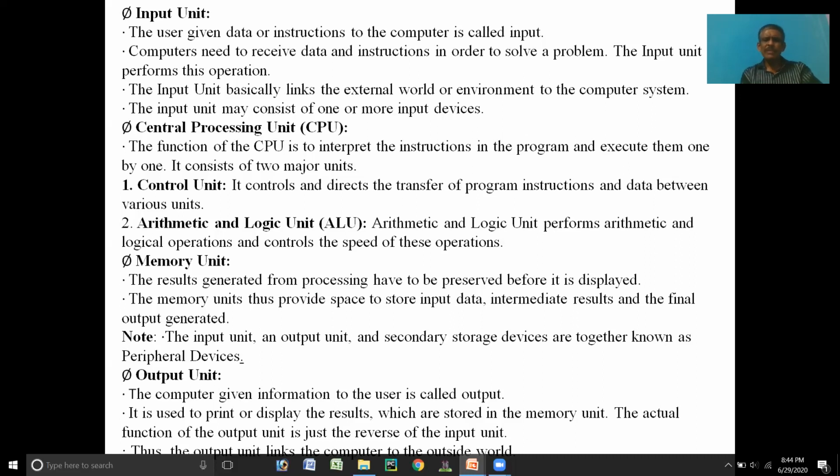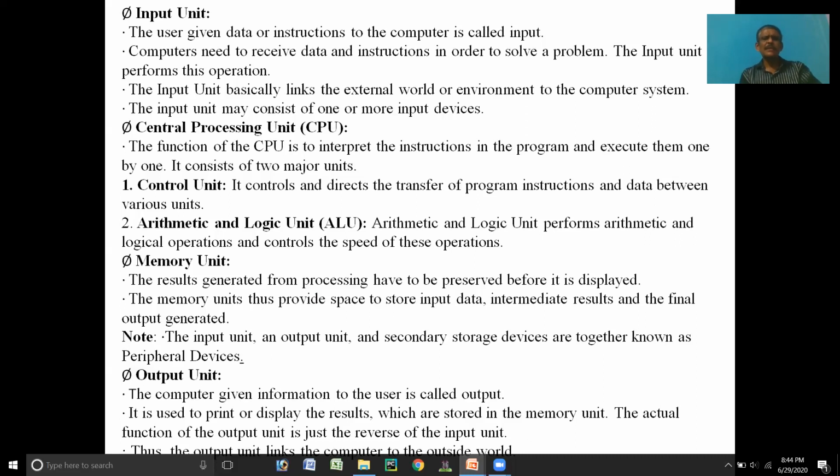Then one more term we will discuss, that is output devices. What are output devices? The devices using which we can get the information from the computer are called output devices.